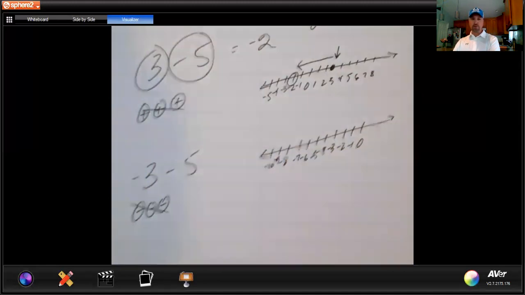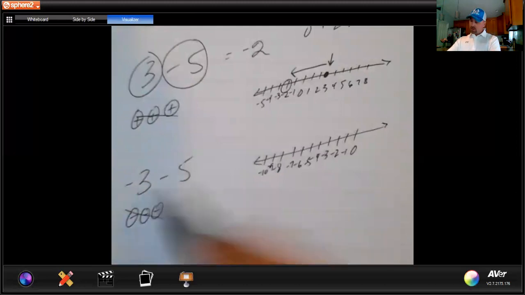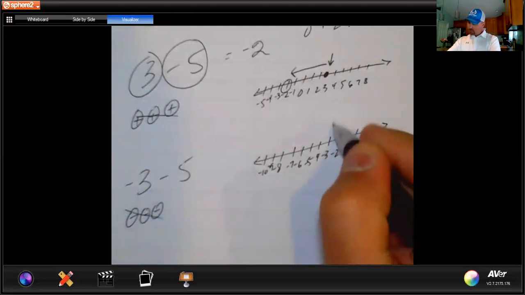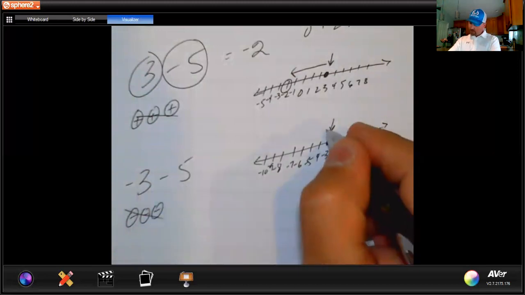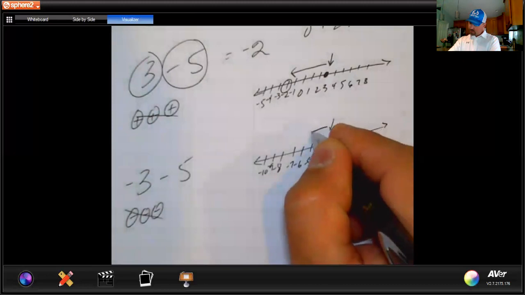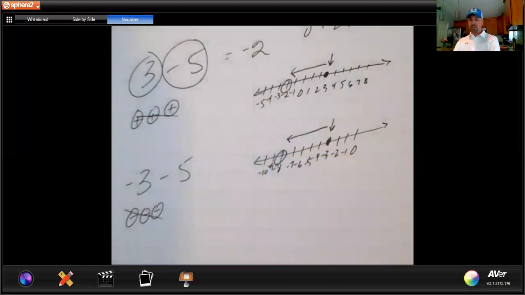Not the best number line, but -3 is where we start. Find -3, it's here. And where do I go from there? I drop 5. I go back 5. Back 5 puts me here at -8.